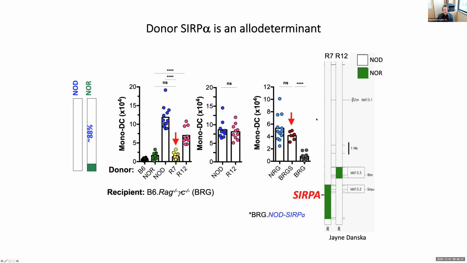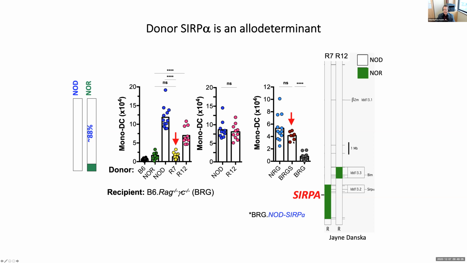And here, finally, on the right side, I am showing you the response to now NOD RAG gamma chain donors or B6 RAG gamma chain donors. And the donor here in the middle is a B6 RAG gamma chain knockout that contains a very small gene segment of about 10 genes, one of which is the NOD SIRP alpha. So here you have a mostly syngeneic mouse that has the NOD SIRP alpha.